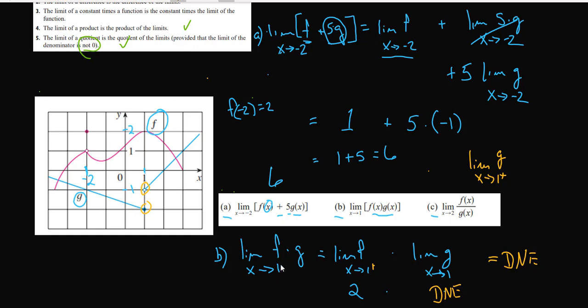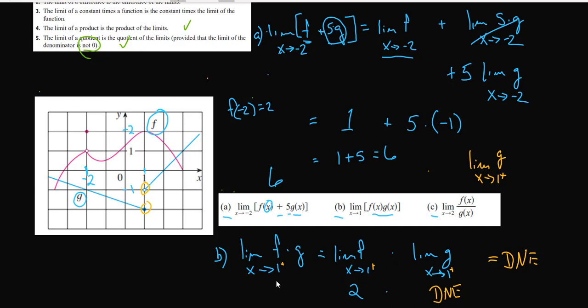The limit as x approaches 1 from the right of f times this limit of g as x approaches 1 from the right. And this limit will exist, we're going to get some value, and this will also exist. So we can multiply these two, and we'll get one number.